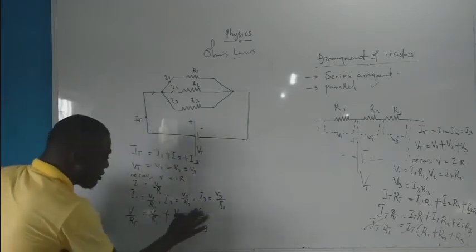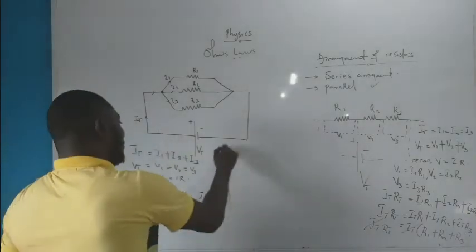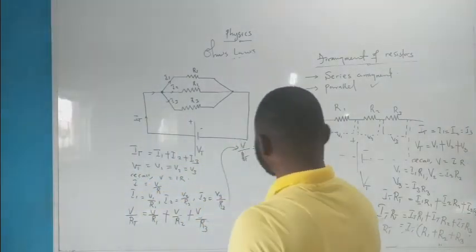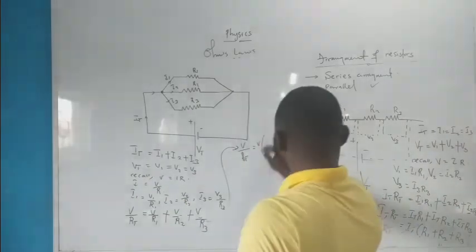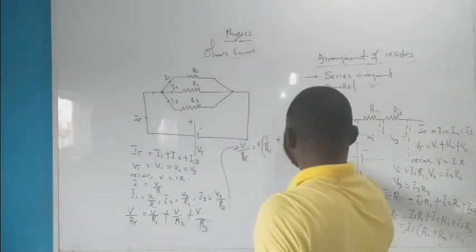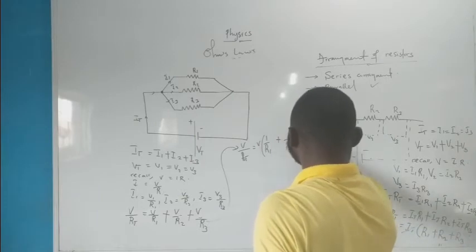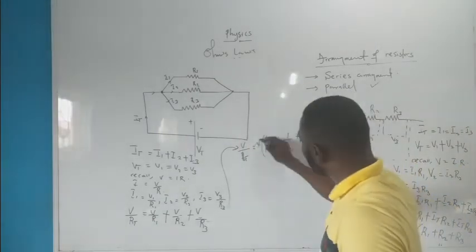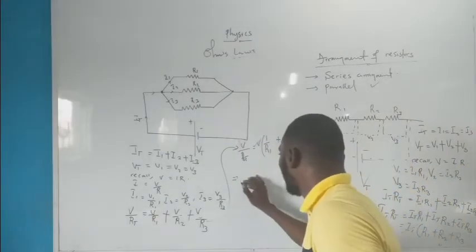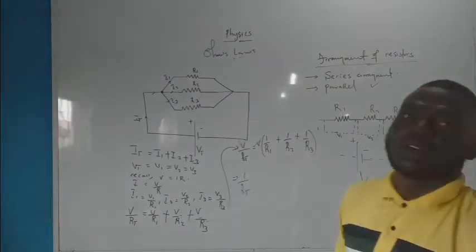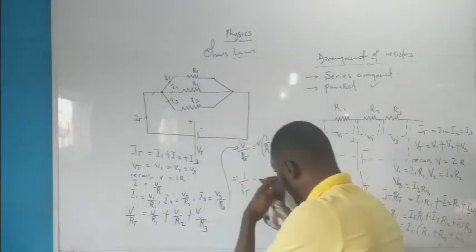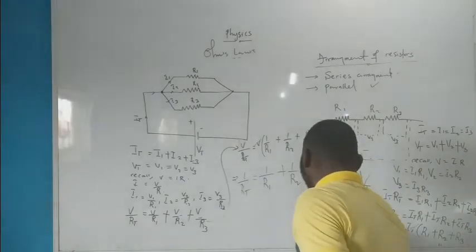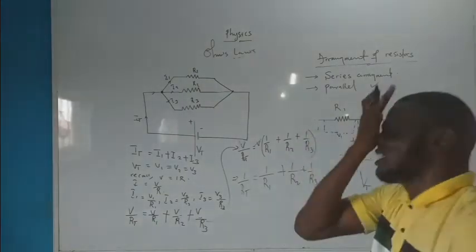That's V. So from here we have V upon R total equals V times 1 over R1 plus 1 over R2 plus 1 over R3. That will be 1 over R total equals 1 over R1 plus 1 over R2 plus 1 over R3.